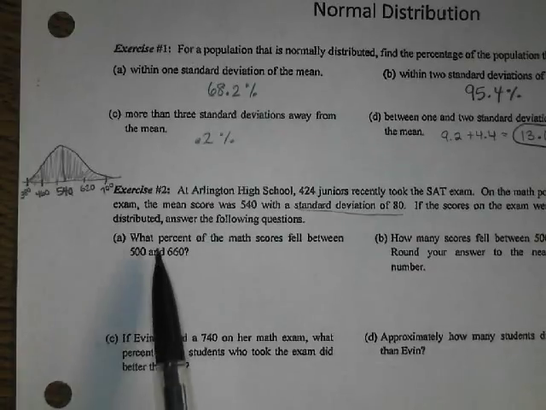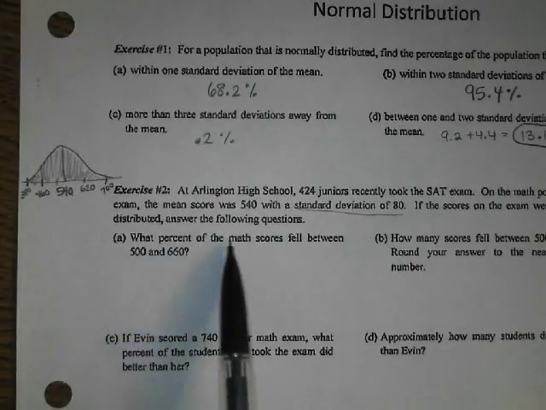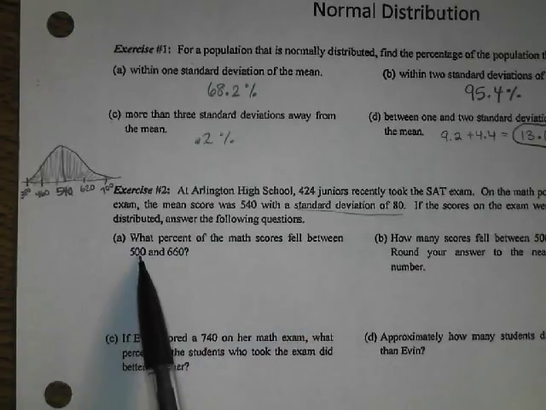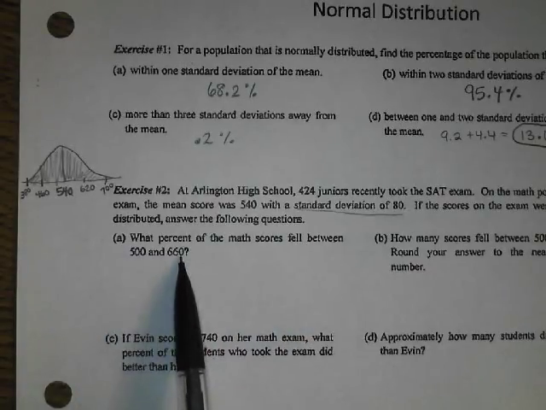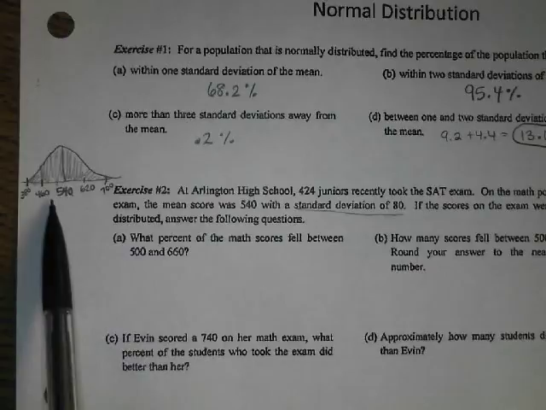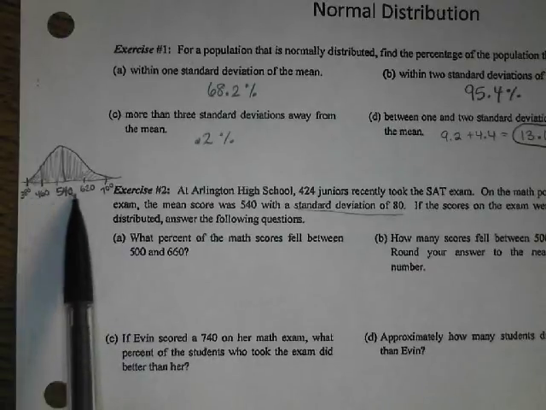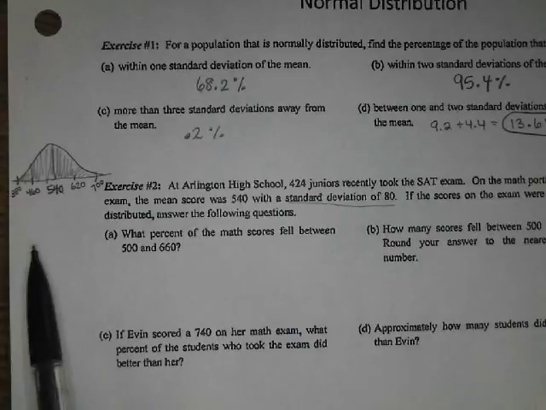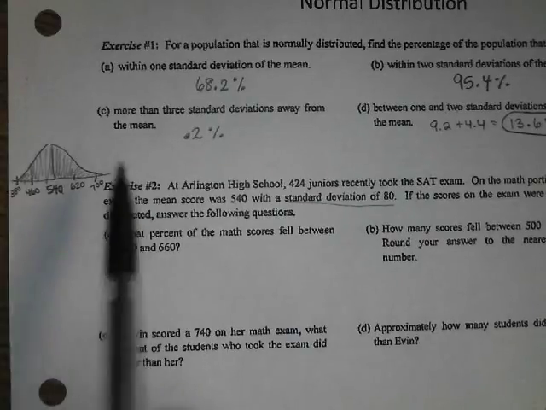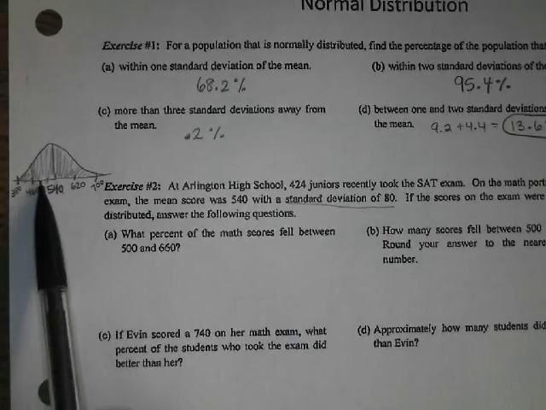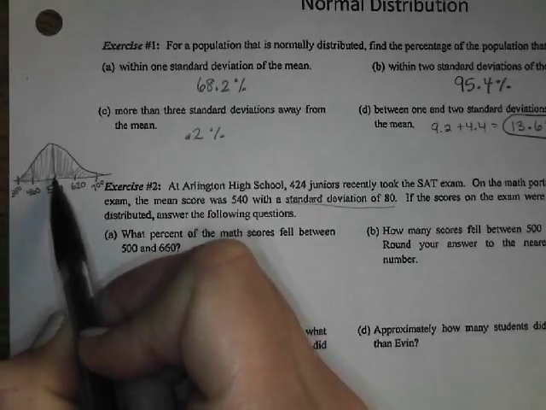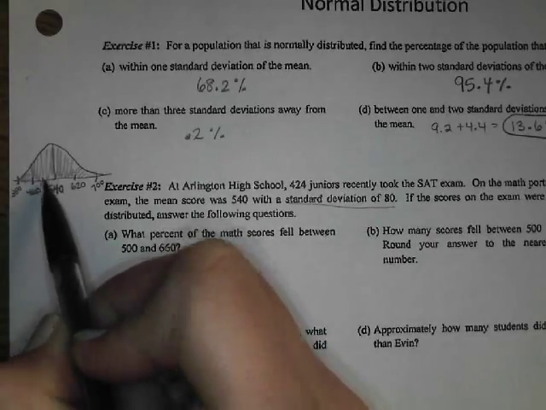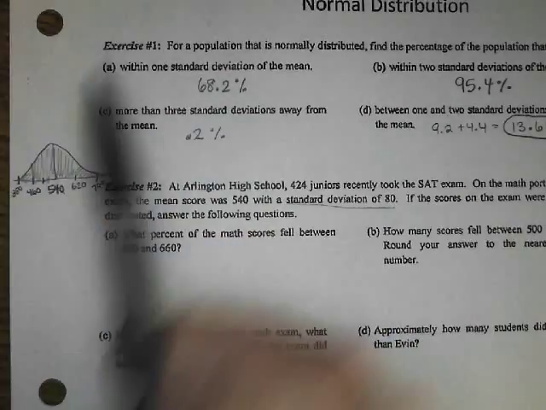So now the question is, what percent of the math scores fell between 500 and 660? What do you notice? Look at our curve. What do you notice about the location of 500? It's in between. It's not one standard deviation. It's really only half of a standard deviation, because halfway between 540 and 460 would be that 500 number.